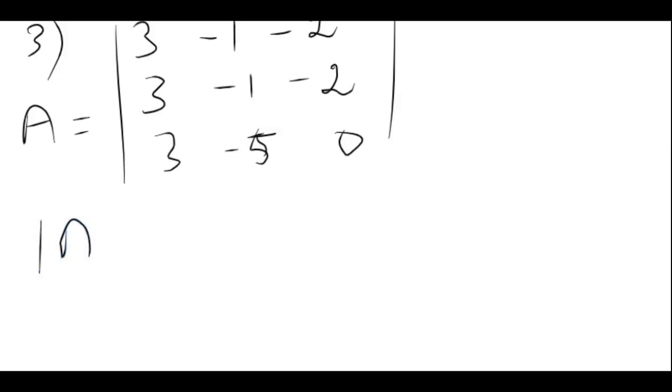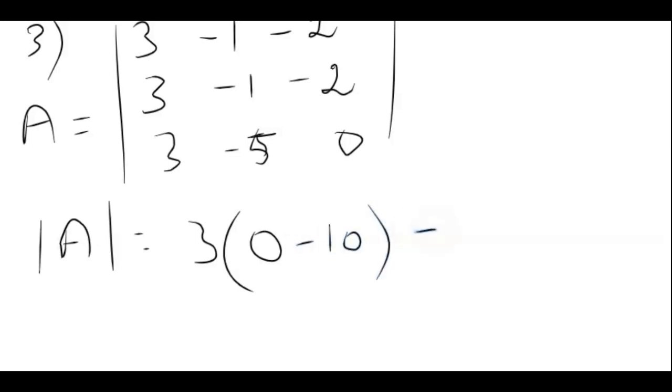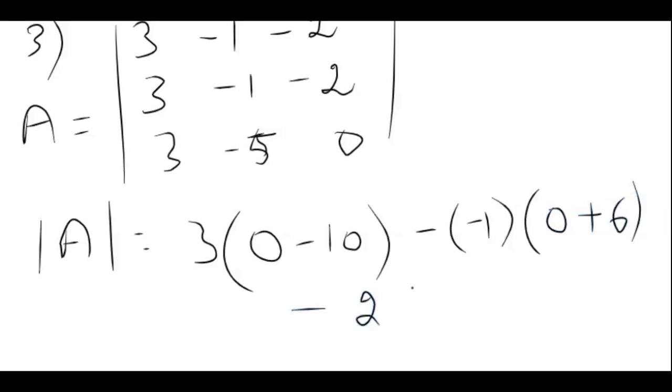So A is equal to 3 into (0 minus 5 into minus 2), which is minus 10. Minus 5 into minus 2 is plus 10. So that would give you minus 10. Minus of minus 1 into (0 minus 6), minus of minus 6 will give you a plus 6, minus 2 into 3 5s are 15, minus 15, minus of minus is plus 3.